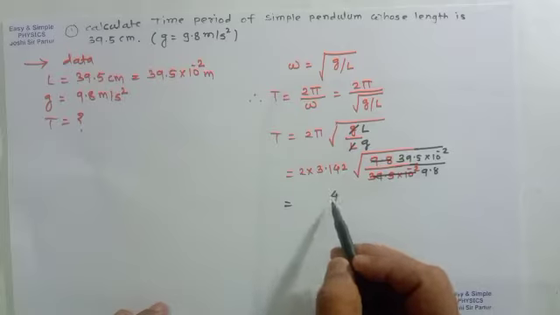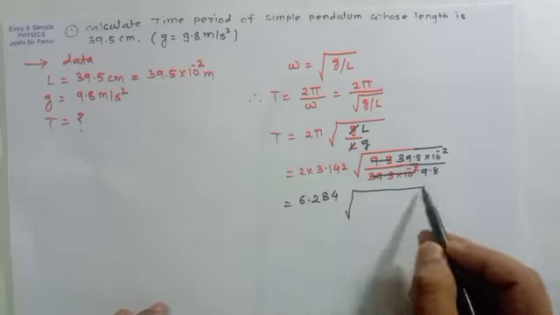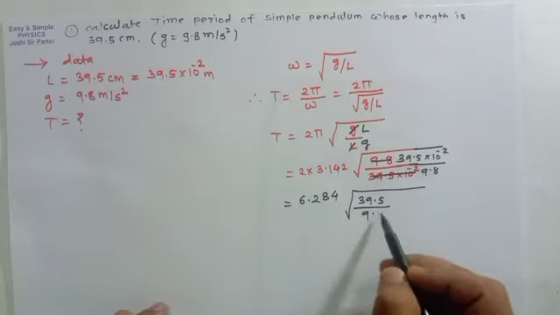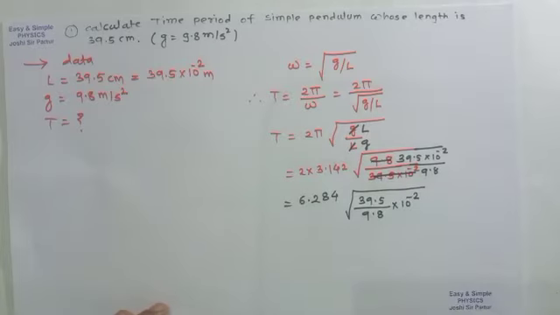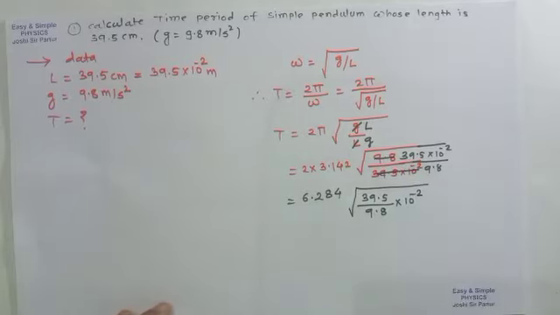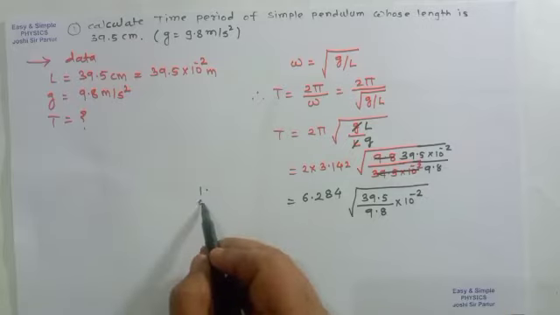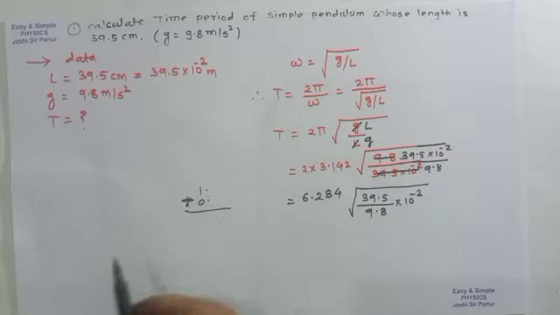Multiply 4.826 and square root of 39.5 upon 9.8 into 10 to the power minus 2. If we see log of 39.5, characteristic is 1, and log of 9.8 has characteristic 0. So for division there is subtraction.